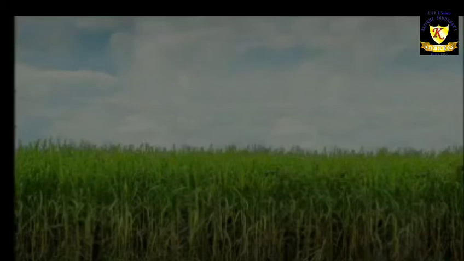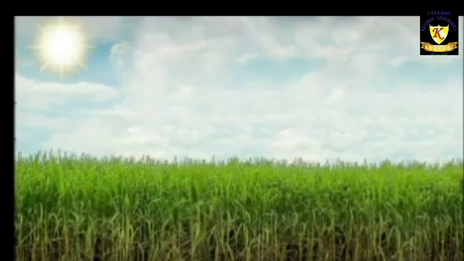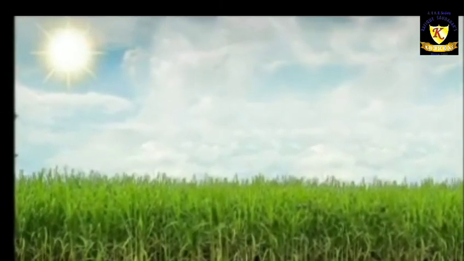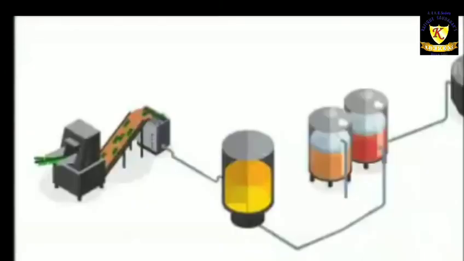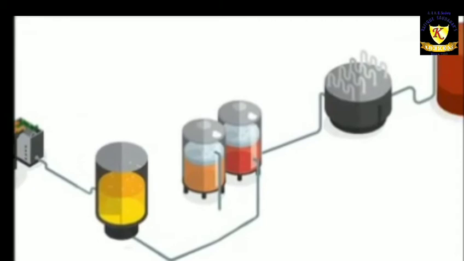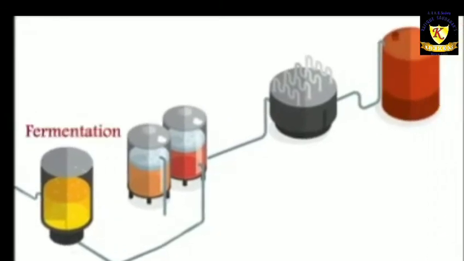Science: Alcohol, a fuel. The sugarcane plant transforms solar energy into chemical energy very efficiently. When molasses obtained during production of sugar from sugarcane is subjected to fermentation, alcohol, that is ethanol, is obtained.